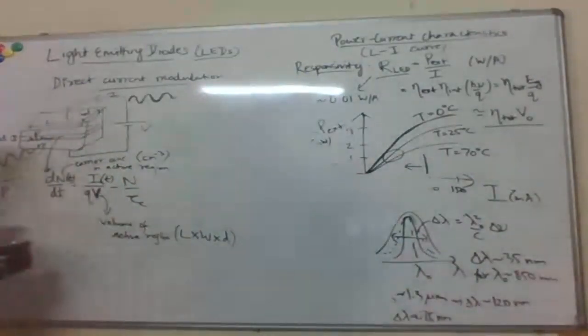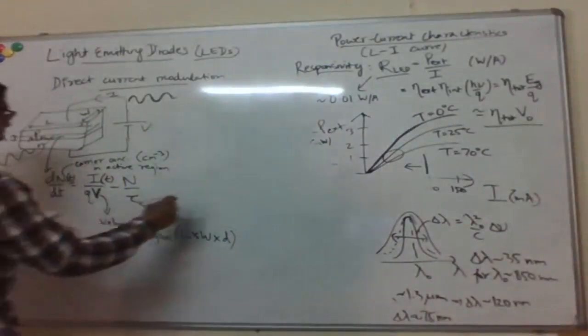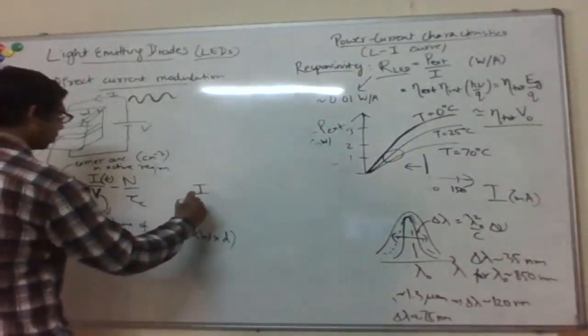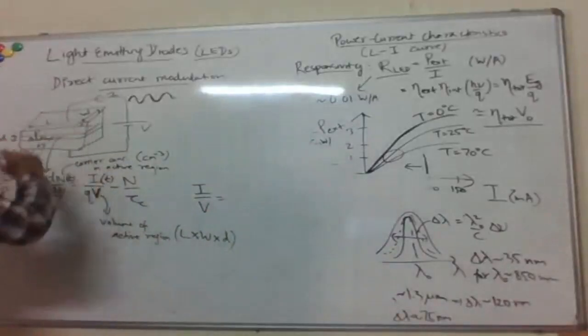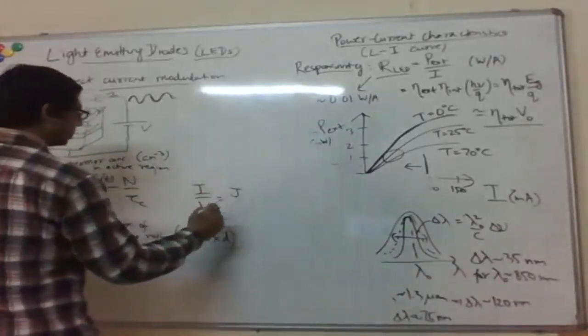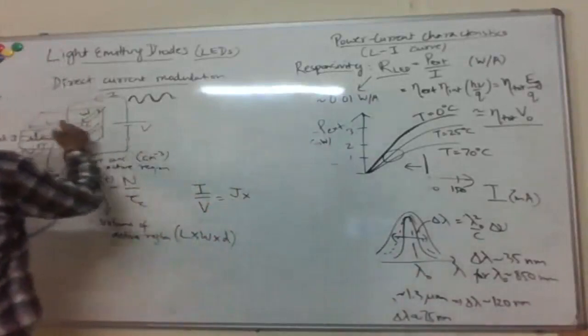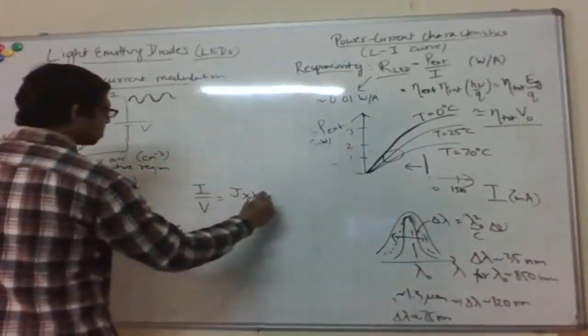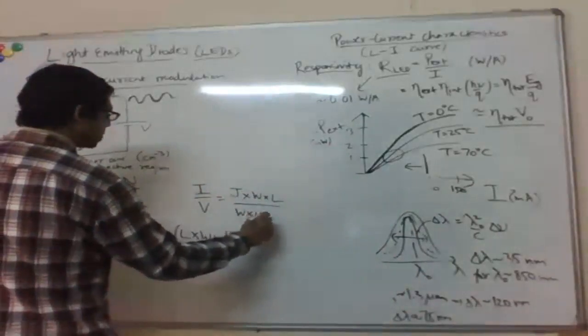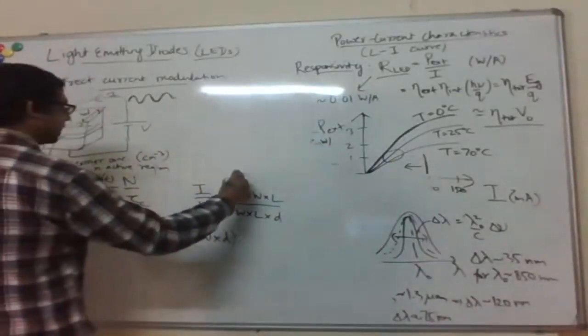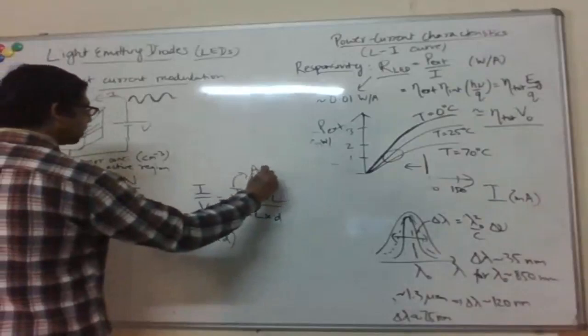Sometimes you'll see this in terms of the current density. So I over V, I can write as the current density J times the cross-sectional area, so W times L, and here volume is W times L times D. So this J is the current density in amps per centimeter square.